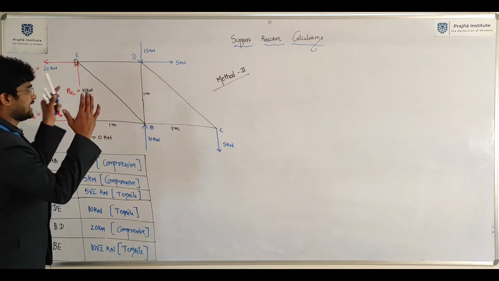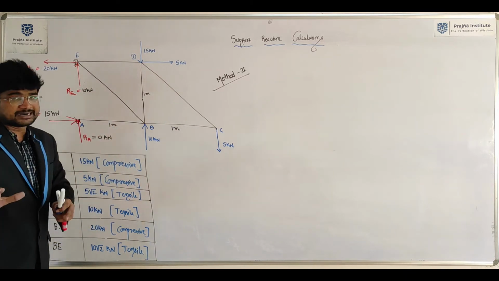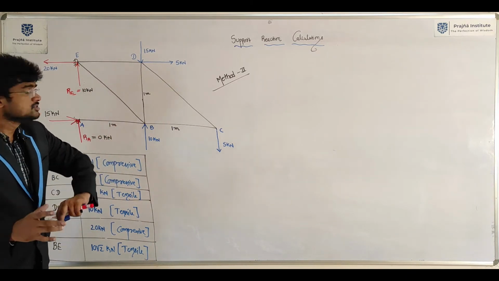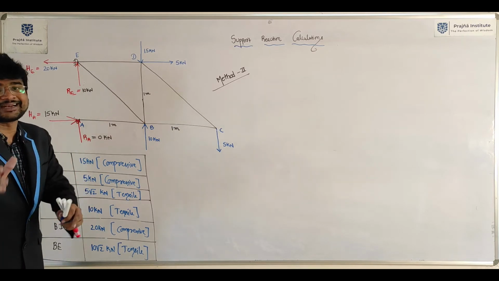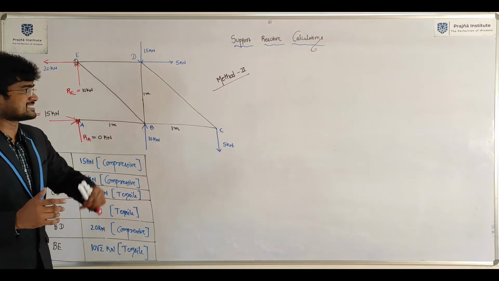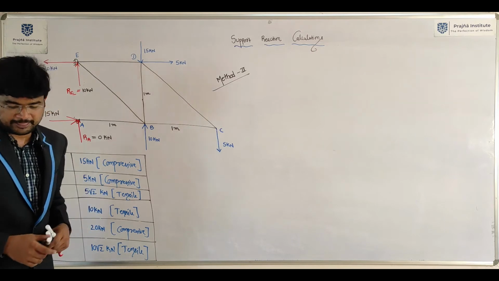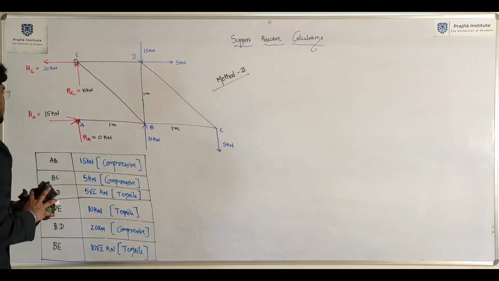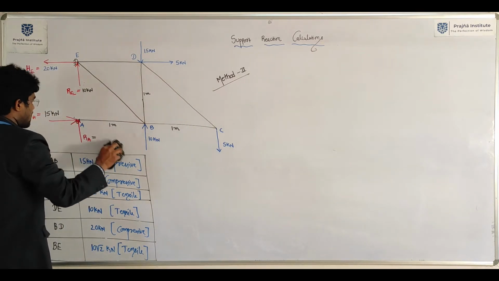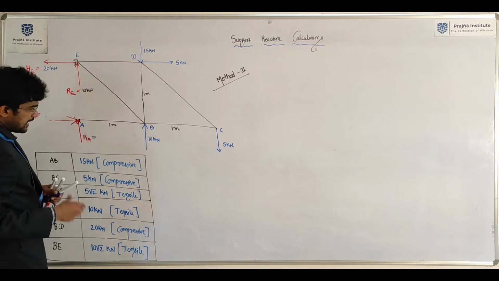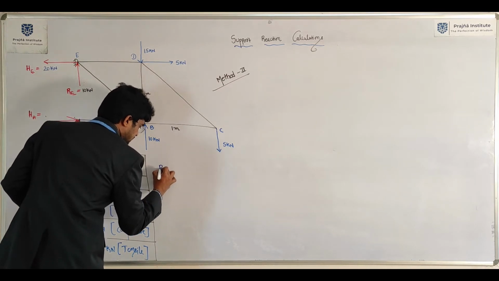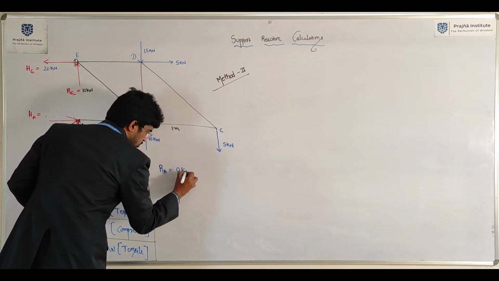Without calculating forces in the members, how to determine support reactions directly in a cantilever truss, that is method 2. For time being, you don't know RA, so you can write RA equal to 0 kilonewton.